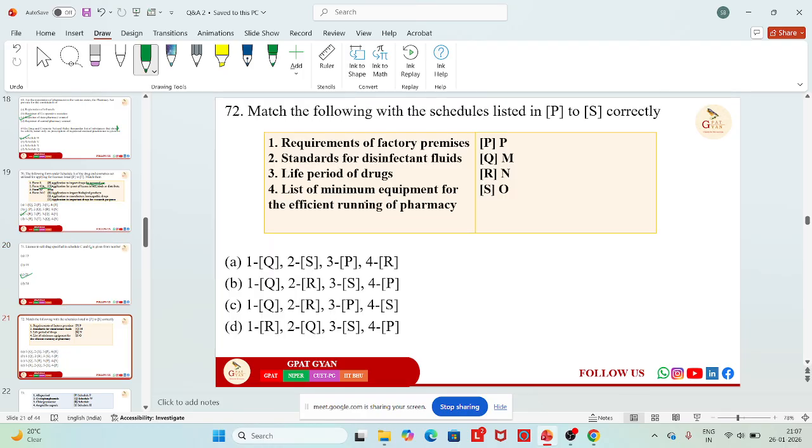Next, another match the following. 3 is for P. 3P, and minimum equipment for running an efficient pharmacy is N. So 3P 4R. 3P 4R we can find in option A. Option A will be the answer.